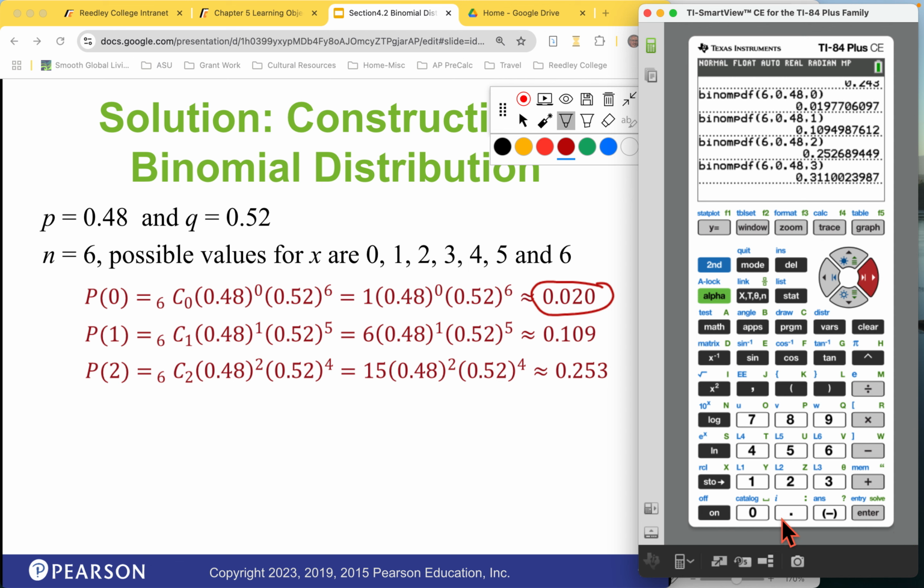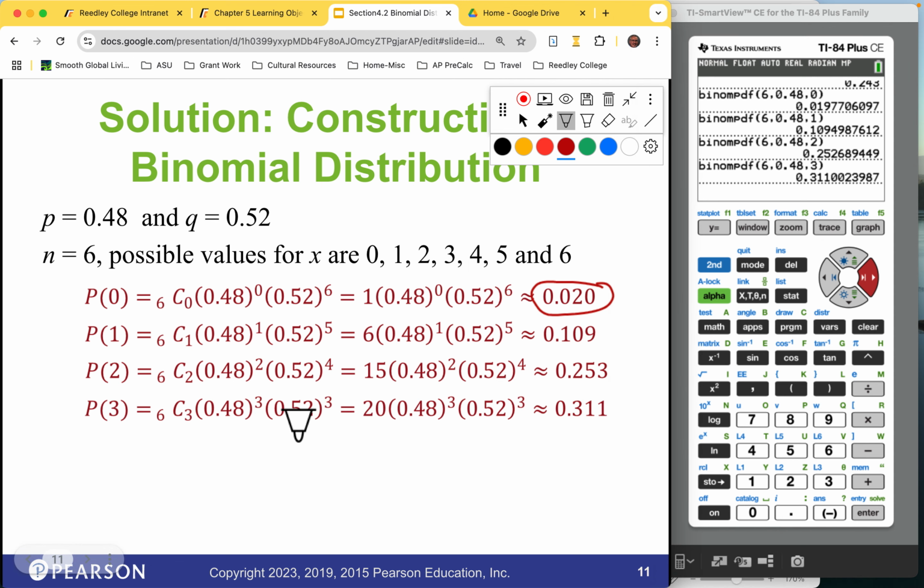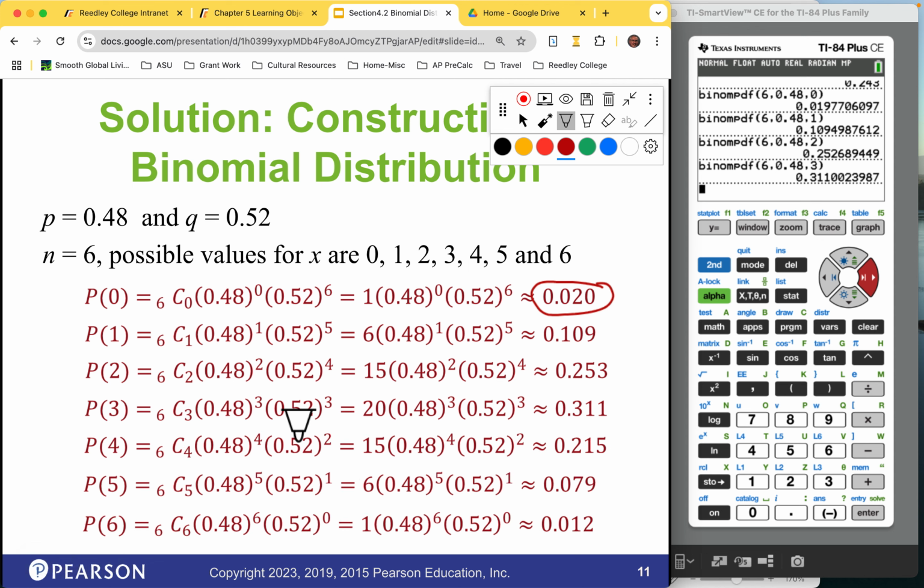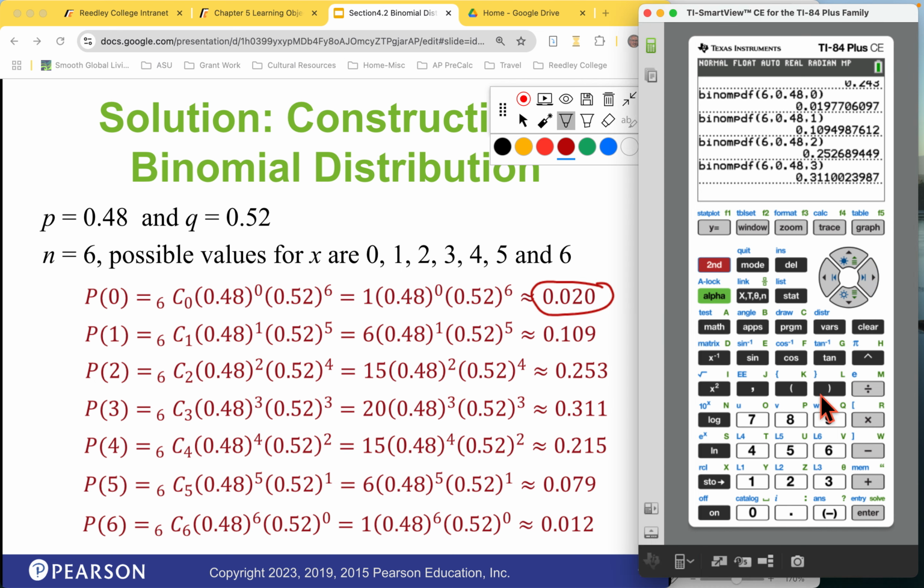Oops. And actually, I guess I could just hit through all of these. These are all the calculations we would make. But notice we can do it simply with the calculator. Second, that back, and changing that last number there.